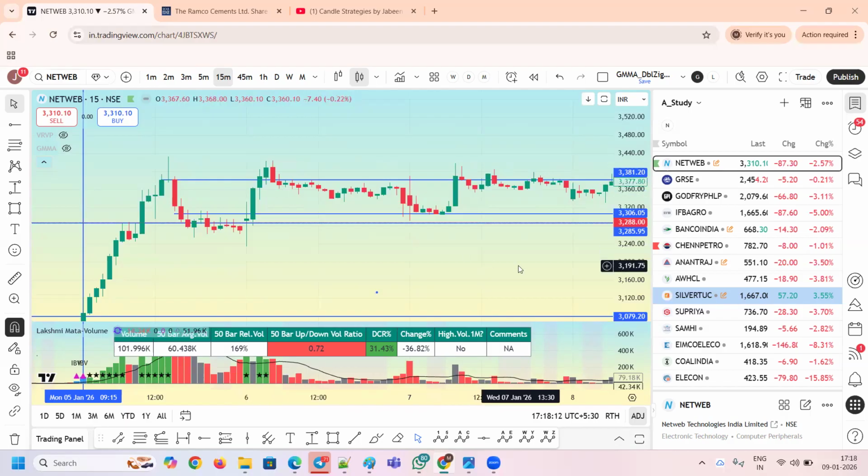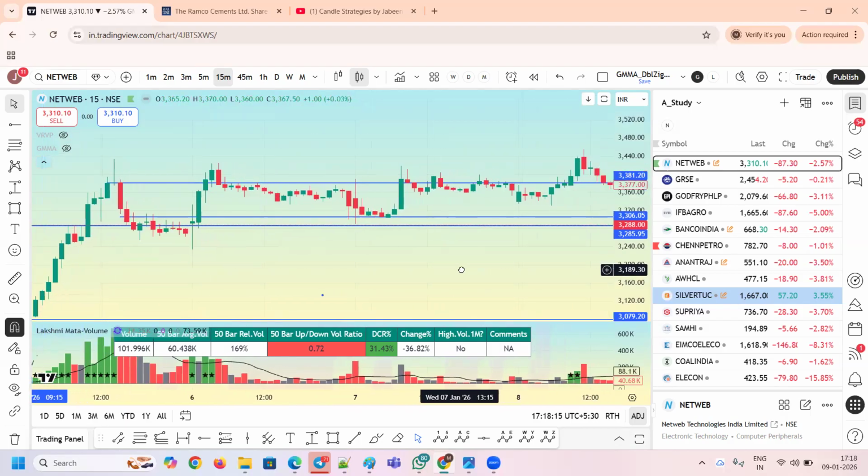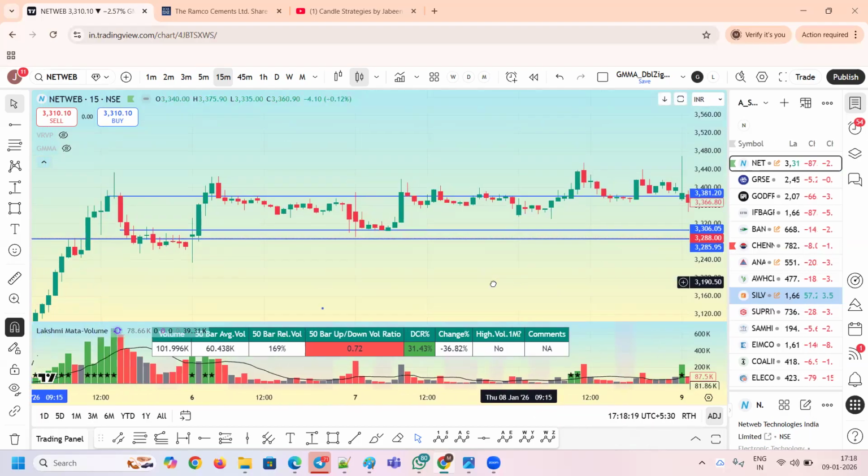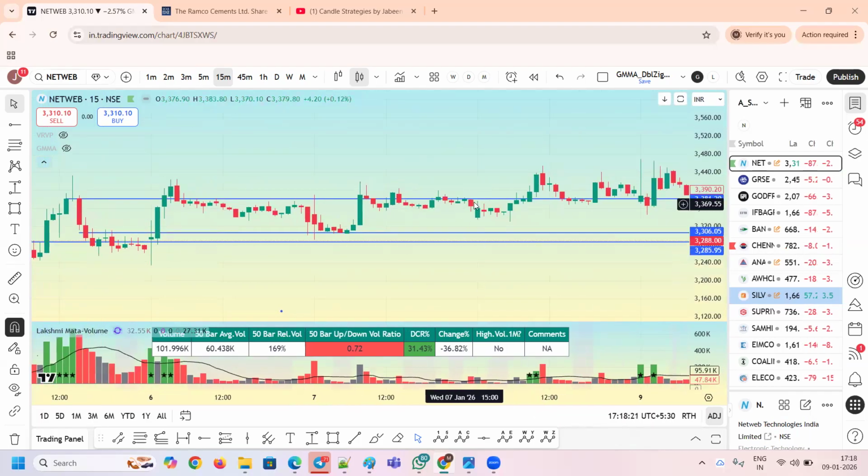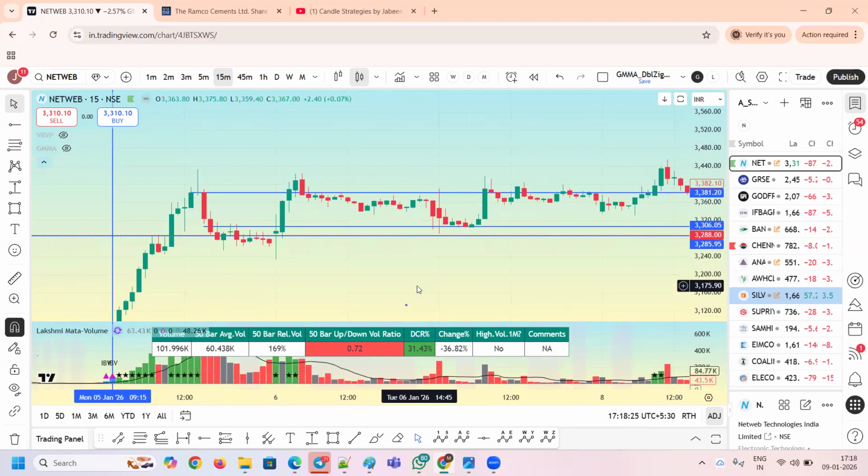So we have to consider resistance on this 15 minute chart. For volatile stocks, you had better consider resistance, because there will be so much sideways or downways movement.